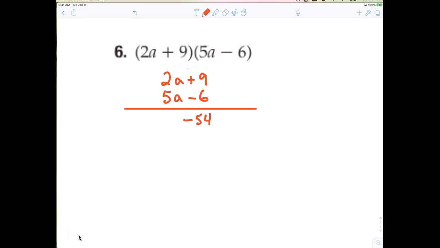Negative 54, negative 12a, positive 45a, 10a squared.